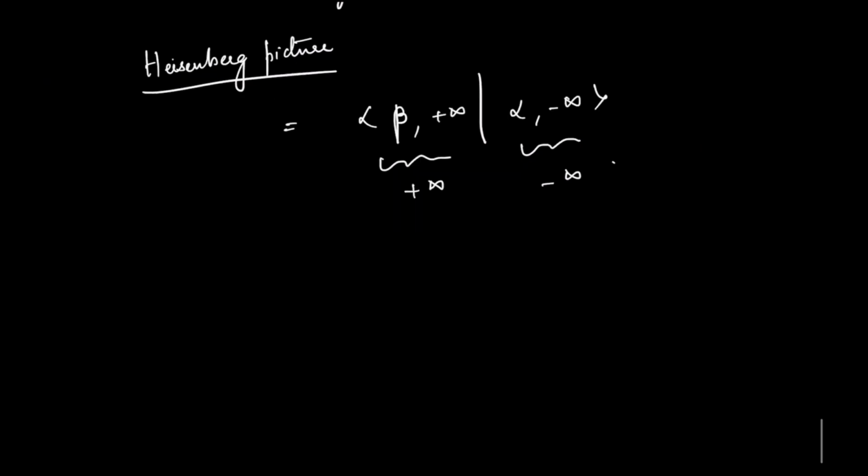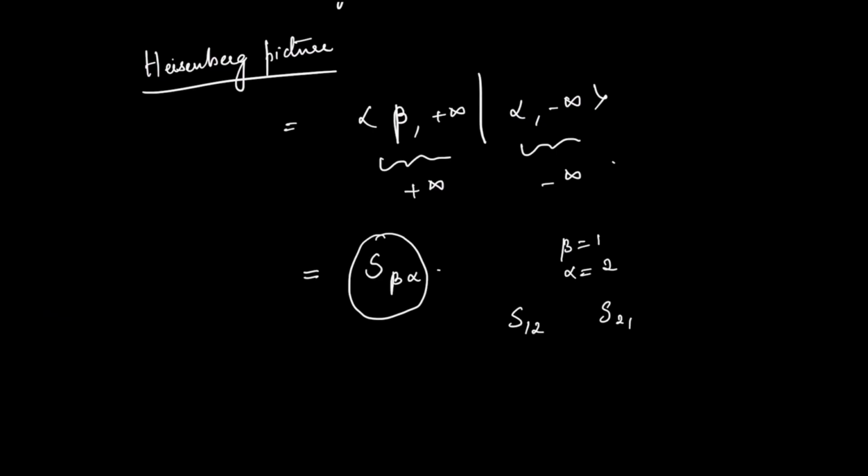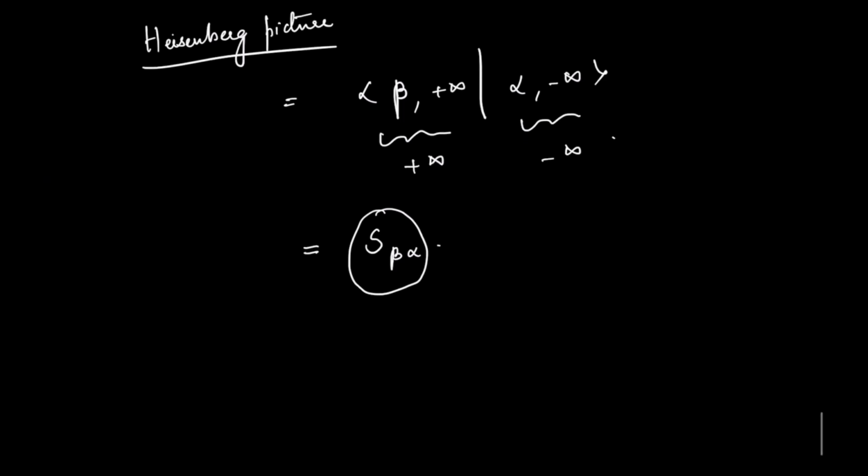Therefore, I represent it by the matrix element S beta alpha. When beta takes some value and alpha takes some value, you get that particular element in the matrix, not the exact matrix itself, but the element in the matrix. For example, S12, S21, etc. So these are the elements of the scattering matrix.